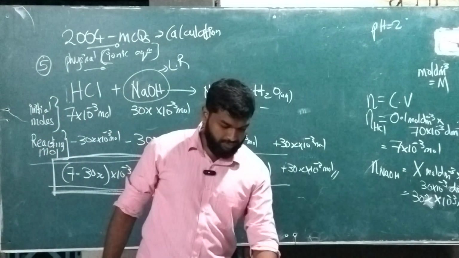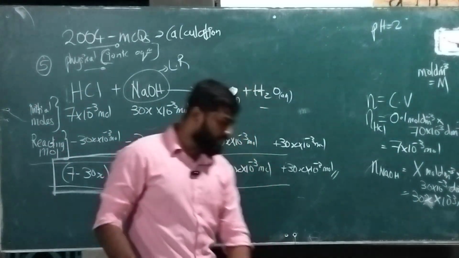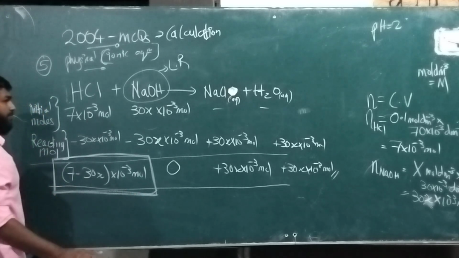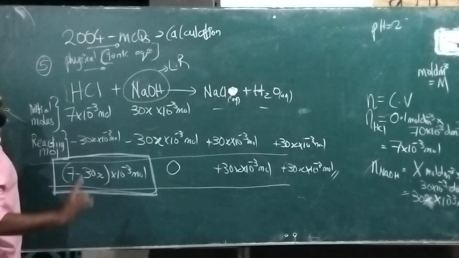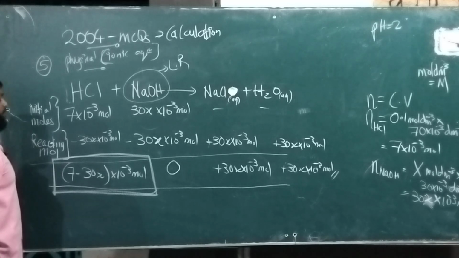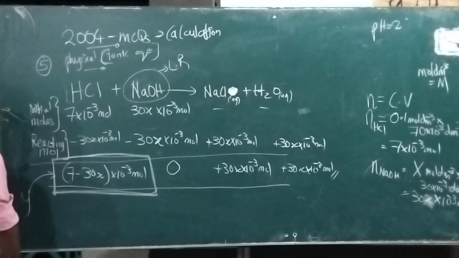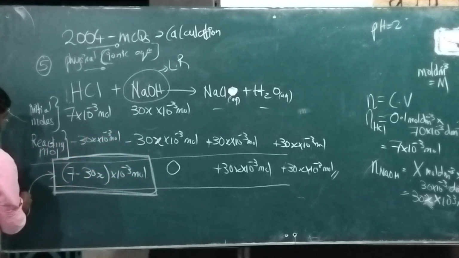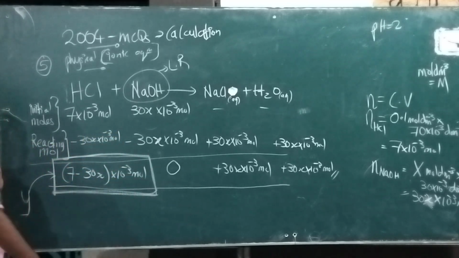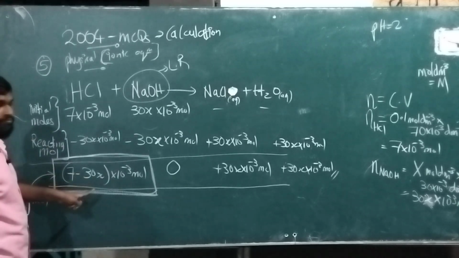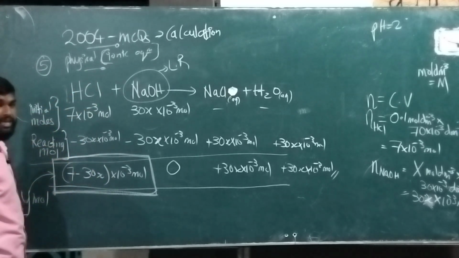Now let's come to this part. Some of you know maths, so I will do a thing here. I consider the whole system as Y. I'll take the whole expression in terms of Y moles, because if I bring it here you might get confused.